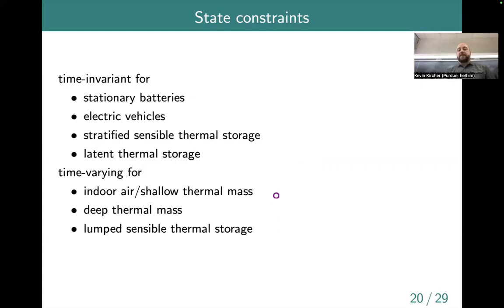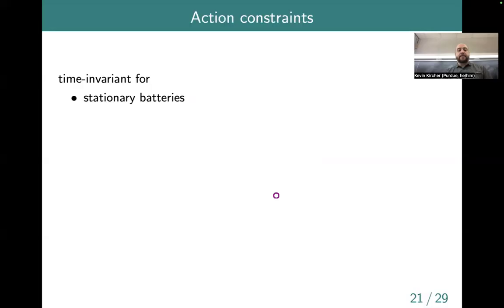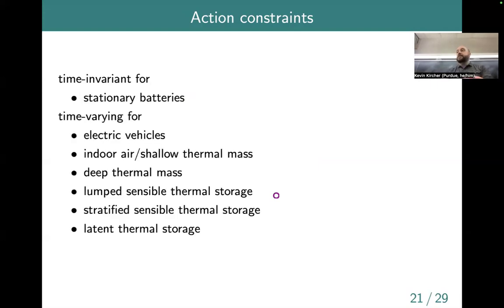And in general, we have time variation for the other passive thermal mass models as well. Okay. And then the U-min and the U-max, what we call the action constraints, those are time invariant for stationary batteries, but for everything else, they vary with time. So even for an EV, your charging and discharging limits are going to vary depending on whether you're plugged in or not.